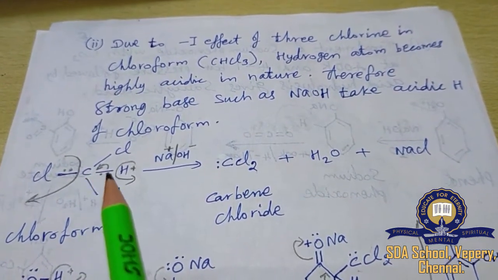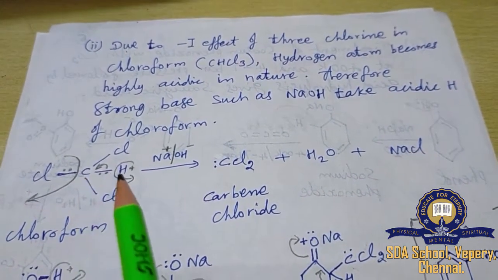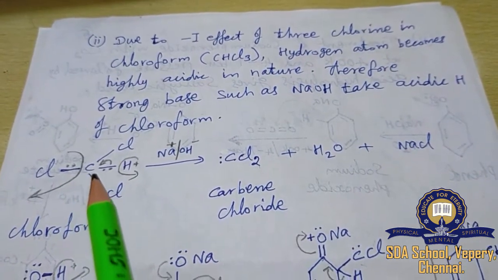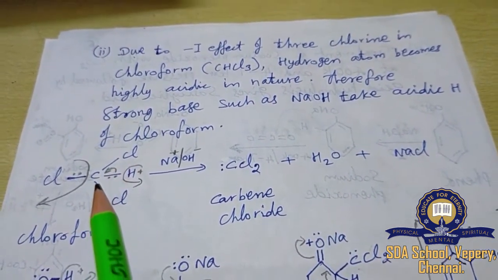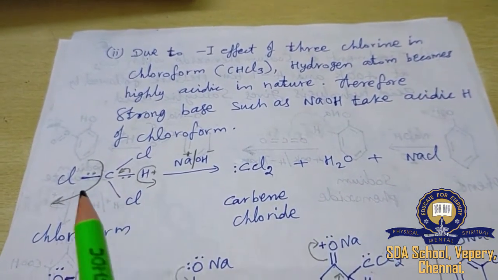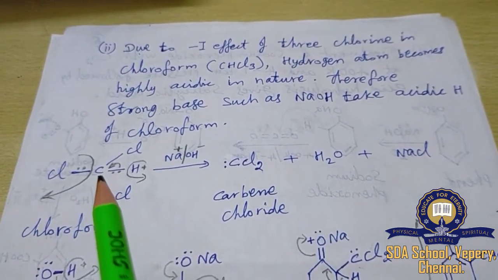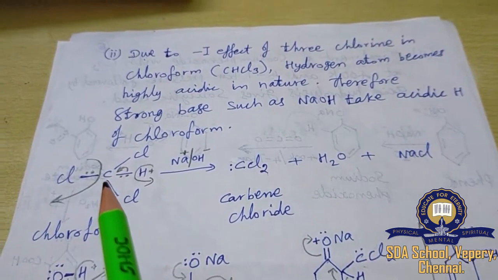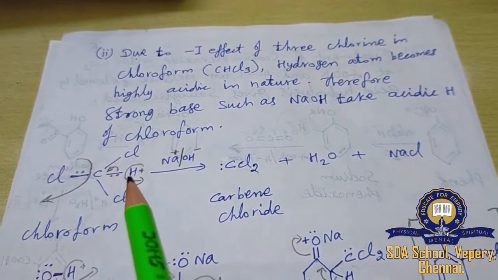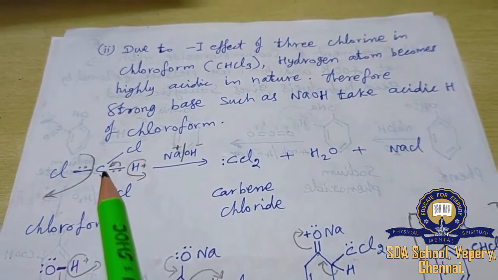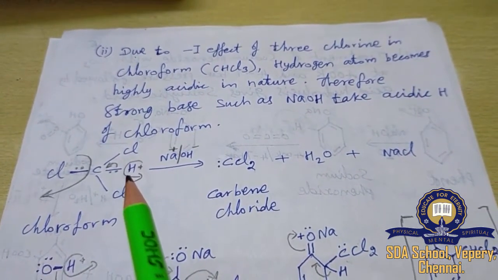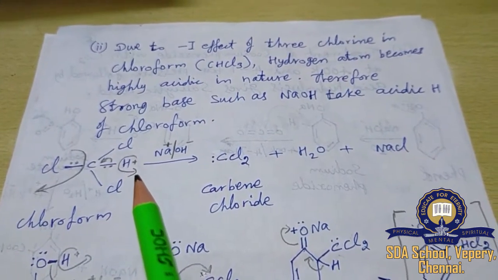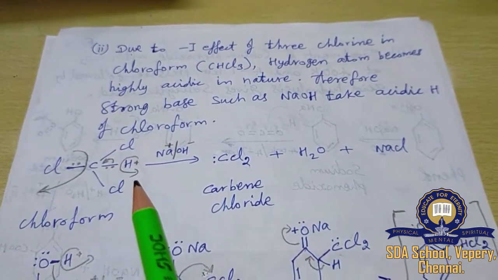That carbon in turn pulls the bond pair electrons between carbon and hydrogen towards itself. Listen carefully. These 3 chlorine atoms pull the electrons towards themselves. Then carbon becomes electron deficient. It results in pulling the bond pair electrons between carbon and hydrogen towards the carbon. Then the hydrogen here is facilitated to be eliminated as H plus, that is referred to as acidic hydrogen over here.